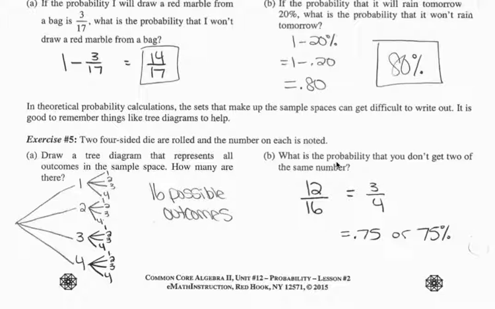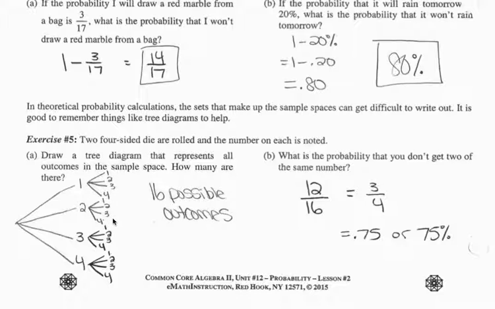What is the probability that you don't get 2 of the same number? What I'm looking for is all the possible combinations where I don't have a 1,1, or a 2,2, or a 3,3, or a 4,4. So in each of these groups of 4, 3 of them are what I'm looking for.